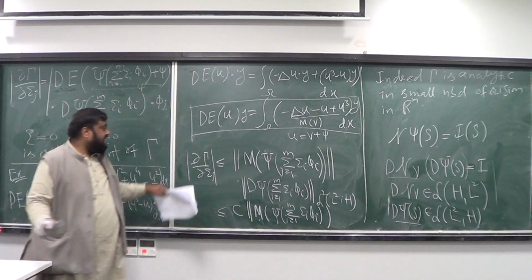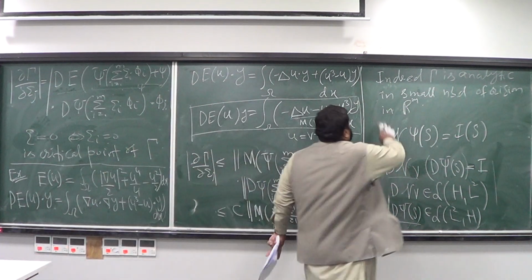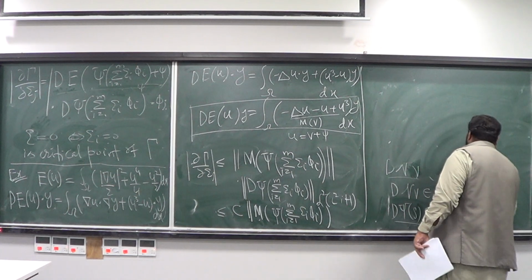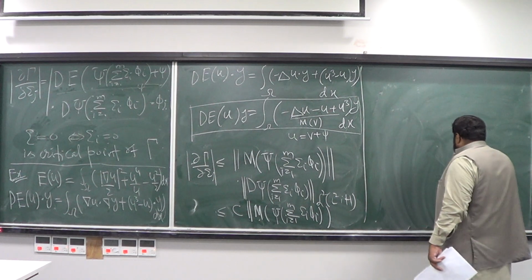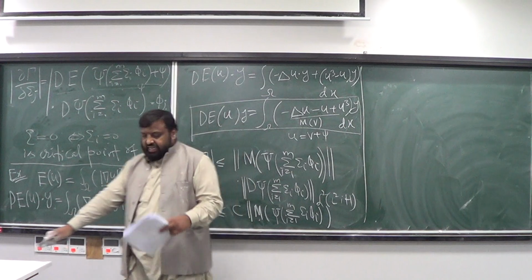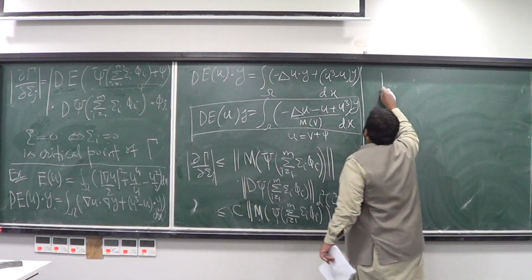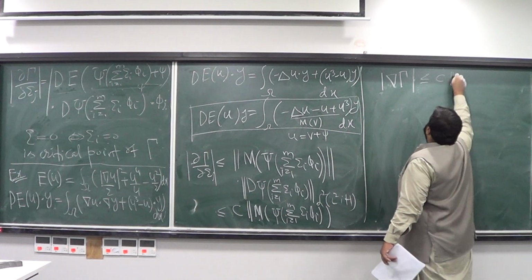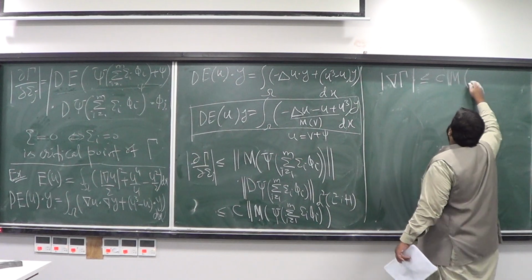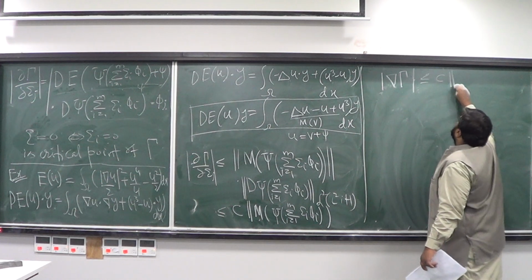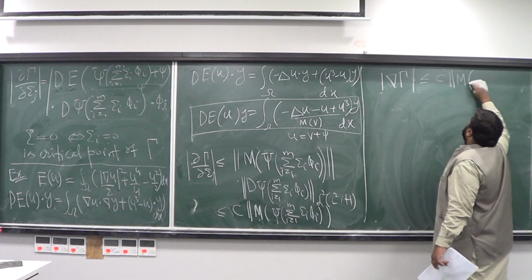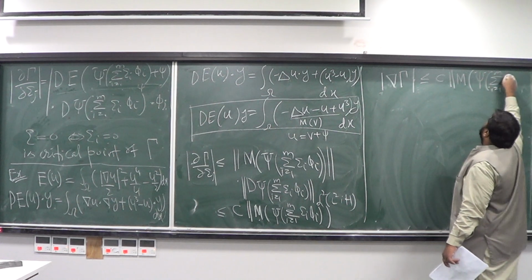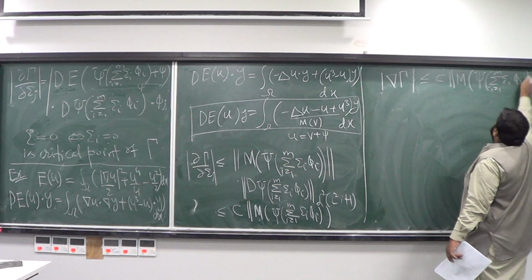And if every single partial derivative, for every j, can be estimated by this number, then in fact you can say the entire gradient of gamma can be estimated by C times the norm of m of psi of the sum from i equal to 1 to m of xi i phi i.